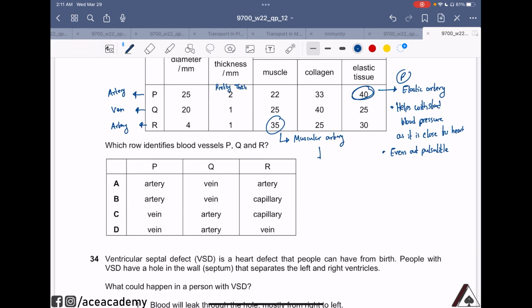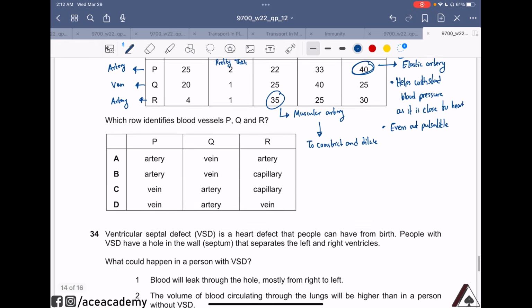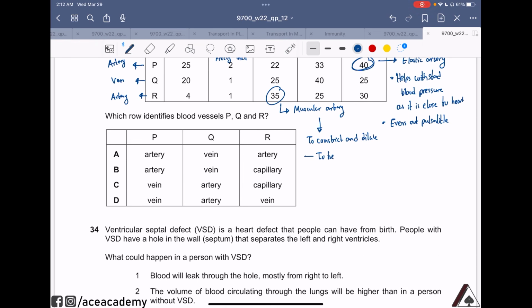And then muscular artery. Muscular arteries are arteries that are closer to the final destination of the blood than elastic arteries, and they have a higher proportion of smooth muscle to constrict and dilate to help maintain blood flow and control the volume of blood passing.